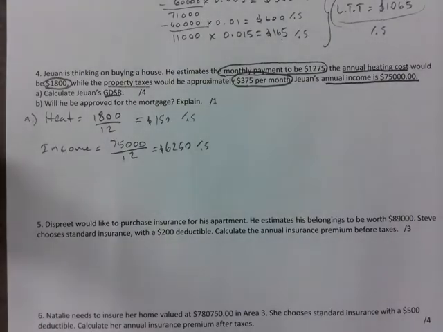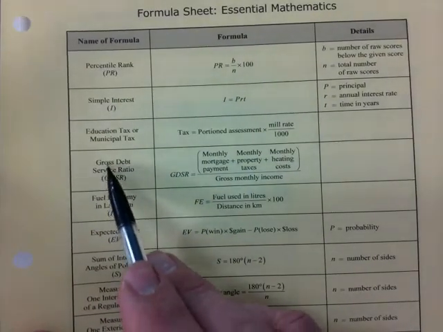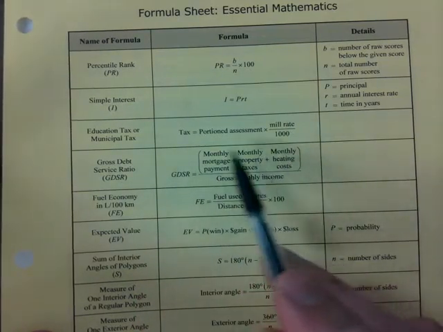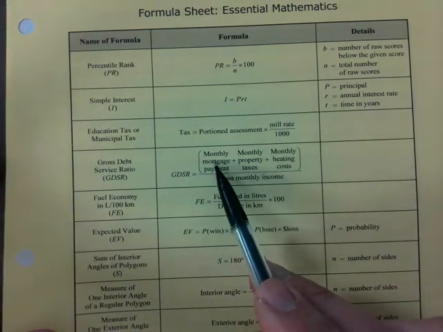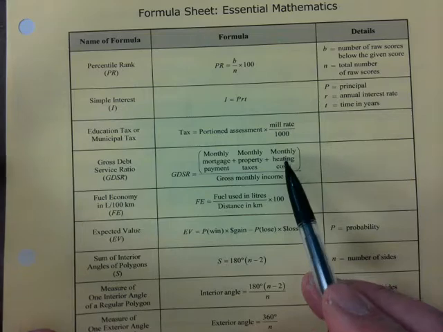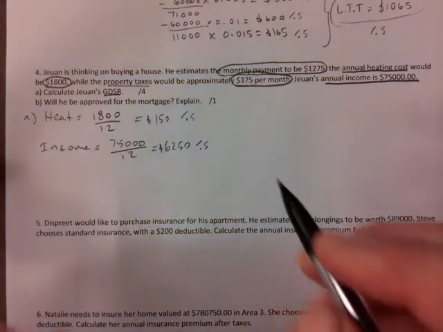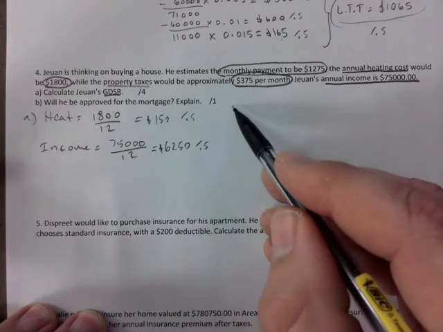And if you weren't here yesterday, the GDSR formula is right on that yellow sheet. The gross debt service ratio, the GDSR, this is the formula: mortgage, property taxes, heating, divided by income. Okay? So here it is.